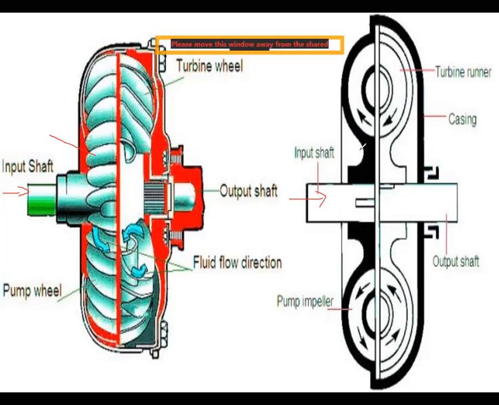Once the pump impellers are rotating, the fluid which is filled inside the housing passes along the impellers and strikes the turbine blades. After some time the constant speed must take place at input and output. Then the power is transmitted. That is the working principle here.